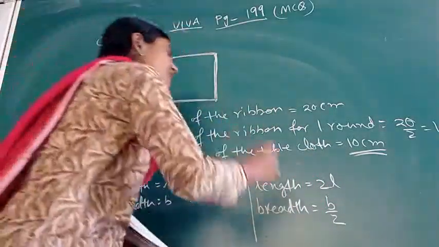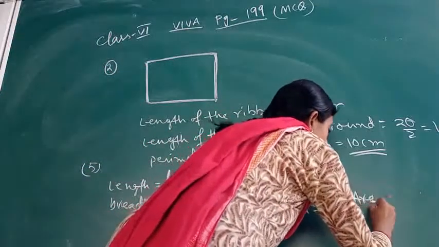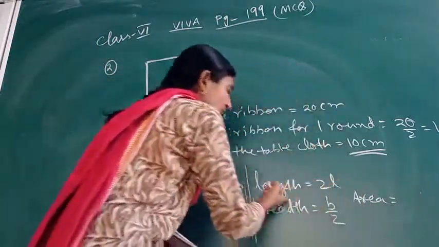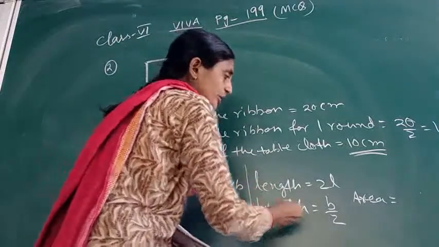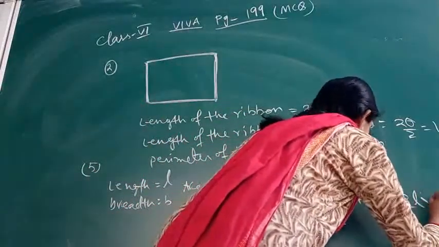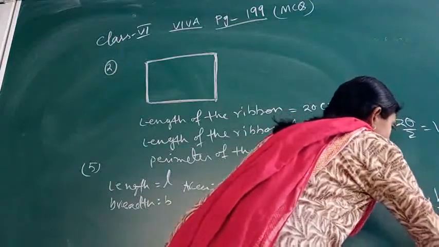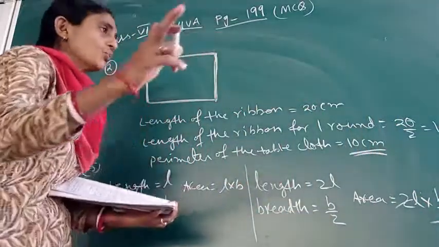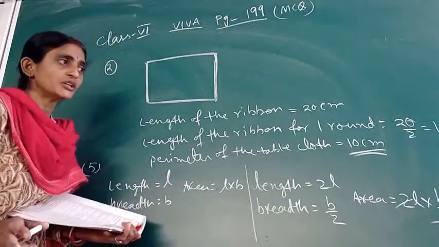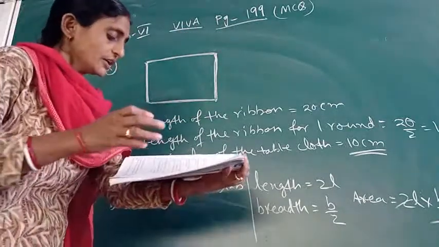So in this case, what will be the area? See, in this situation, again we will go for the same formula, length into breadth. So that will be 2L into B by 2. After cancellation, what is remaining? LB. So what changes have you seen here? There is no change in the area.